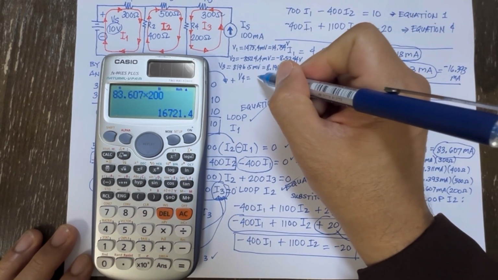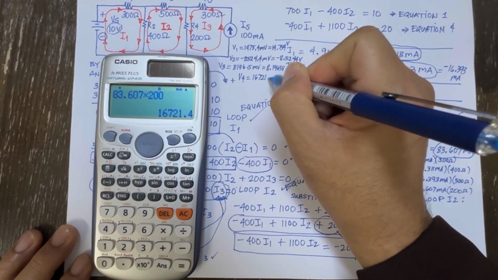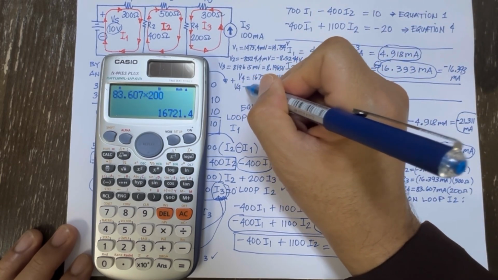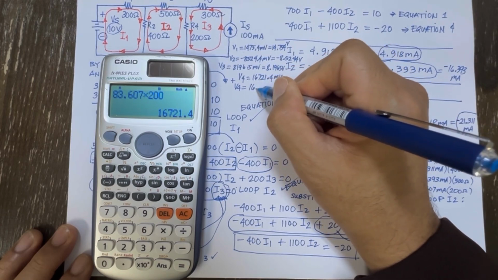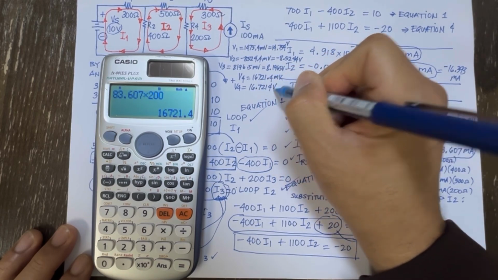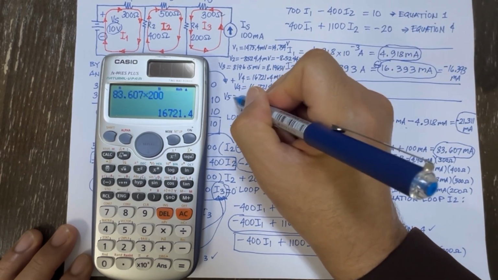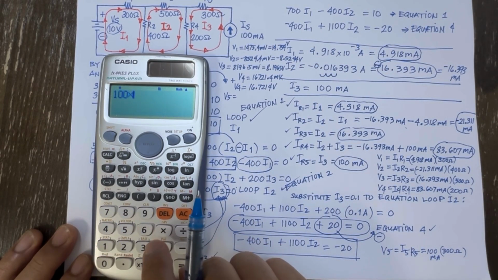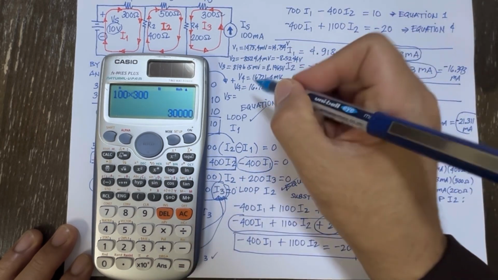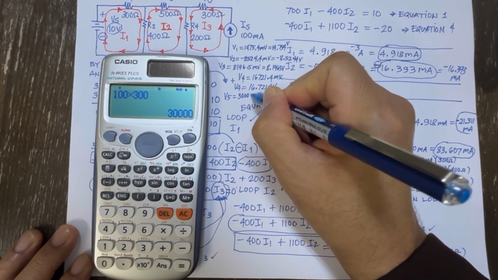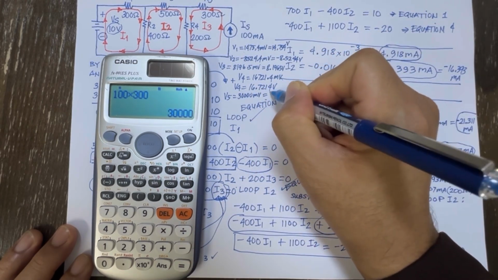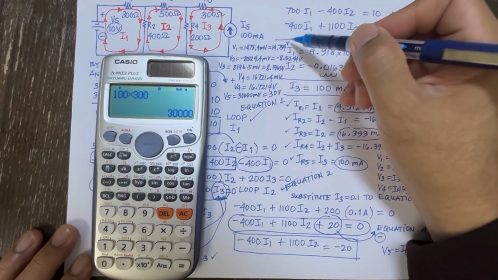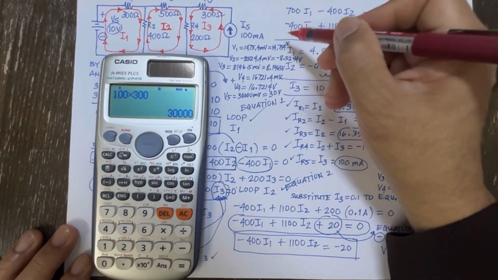We got 16721.4 millivolts, or we may say 16.7214 volts. And finally, we have V5, I5R5, 100 milliamperes multiplied with 300 ohms. We will get 30,000 millivolts, but in reality, it will just be converted to 30 volts.